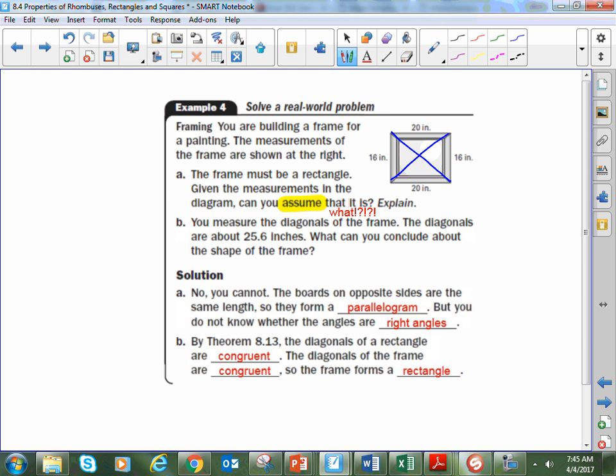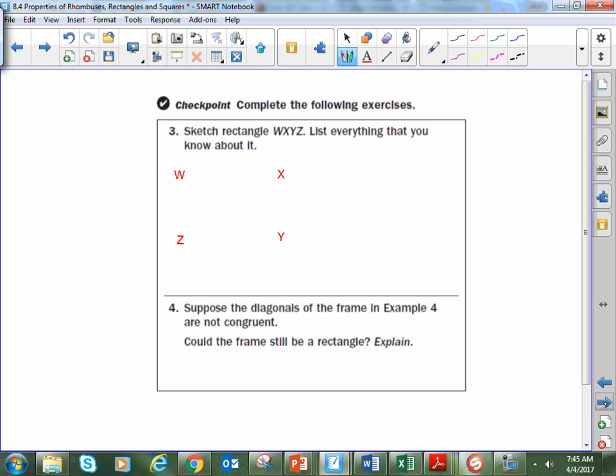Even though initially we didn't know it had right angles, maybe you're at Hobby Lobby and you're trying to make sure you have a square frame, meaning it has right angles. Most people aren't going to carry around a protractor to measure the angles. However, you can very easily take a tape measure and measure diagonally, corner to corner. As long as those measurements are the same, that is enough information to tell me that, in fact, I do have a rectangle.